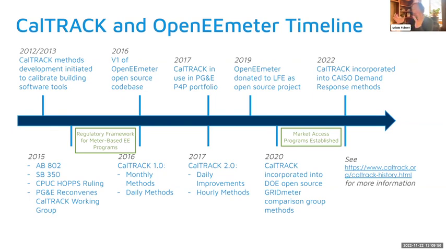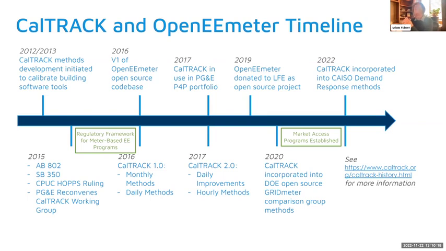So really, CalTrack itself is a set of methods that allows us to calculate models for individual meters' energy consumption patterns, and then to project forward predictions of what the energy consumption patterns would have been for that meter in the absence of an intervention, oftentimes an energy efficiency program or other types of programs.